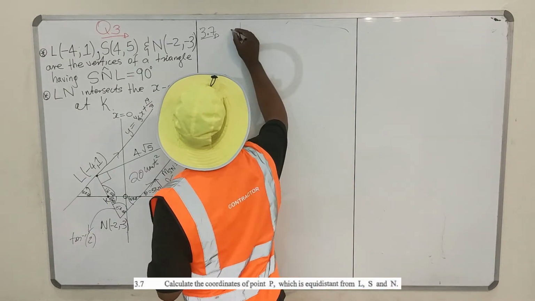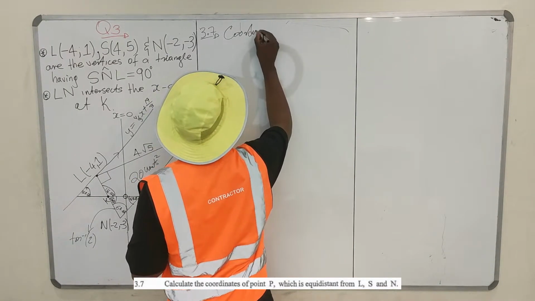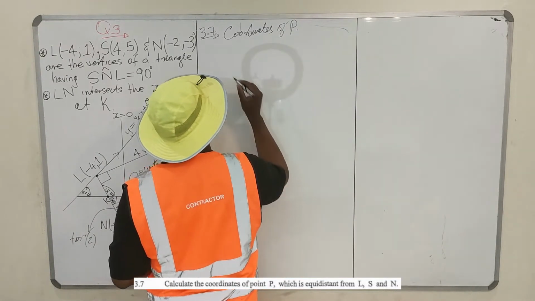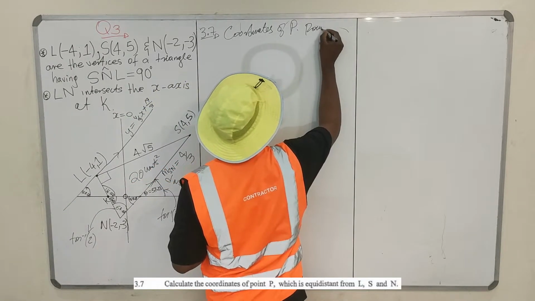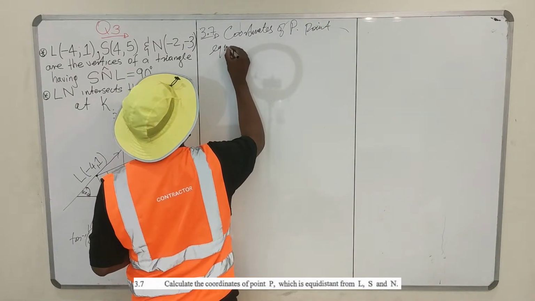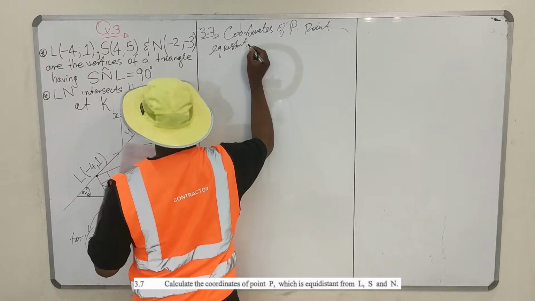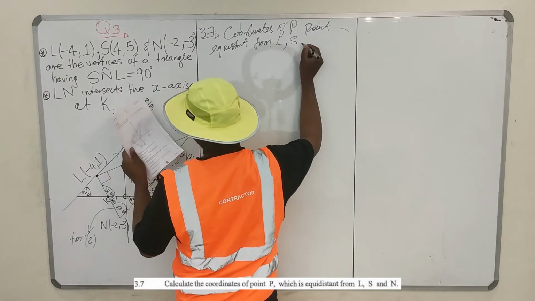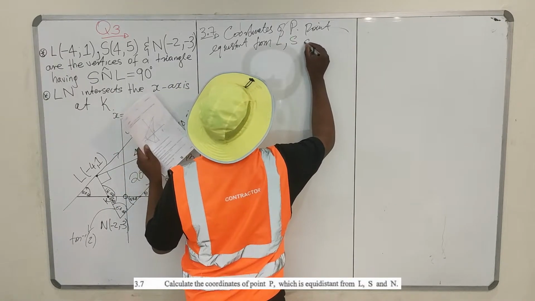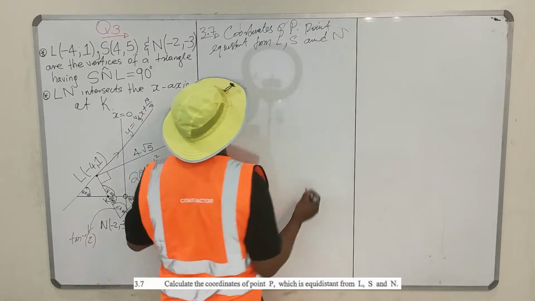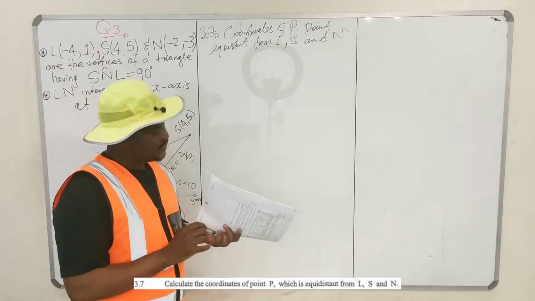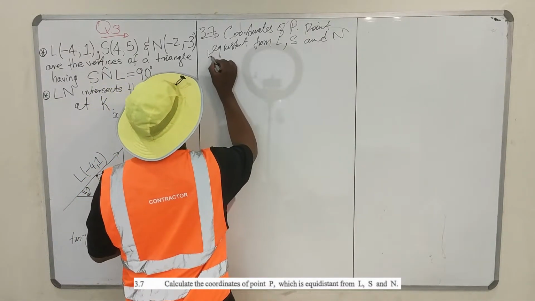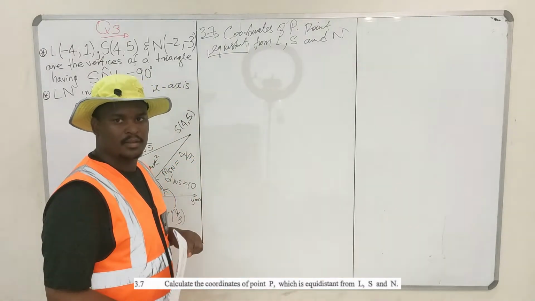Right? What is P? They're saying P is a point that is equidistant from L, S, and N. So they want us to find the coordinates of P. What is P? P is a point equidistant from L, S, and N. What does equidistant mean?